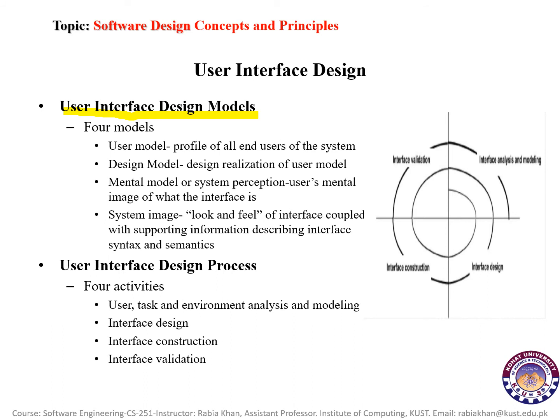The first model is the user model. As we said, we have to prepare profiles for all the end users in this case. So the user model establishes the profile of all the end users of the system.